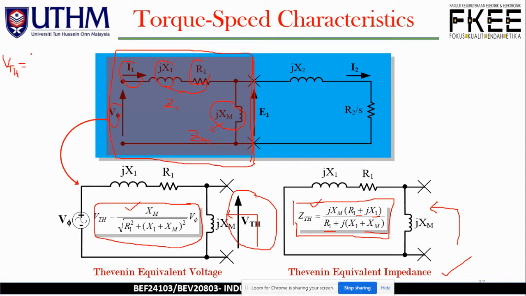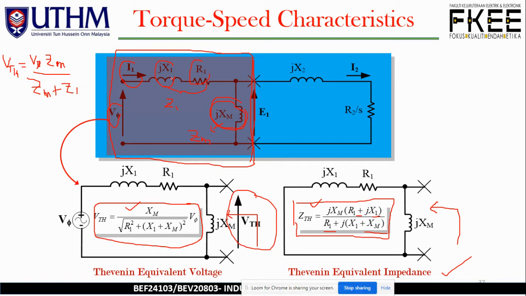So we try to apply the voltage divider onto ZM, the magnetizing branch over here, so over ZM plus Z1.